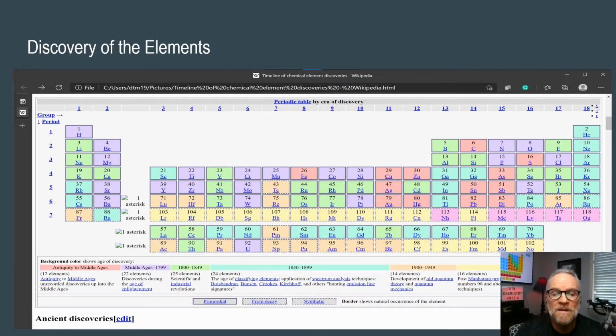And then the biggest discovery of elements was in what they call the Scientific and Industrial Revolution. And this was about 1800 to 1849. So if you add all those up, 12, 22, and 25, you come up with 59 elements that were discovered by 1849. And then over time, we found more and more elements, and now we're up to 118.